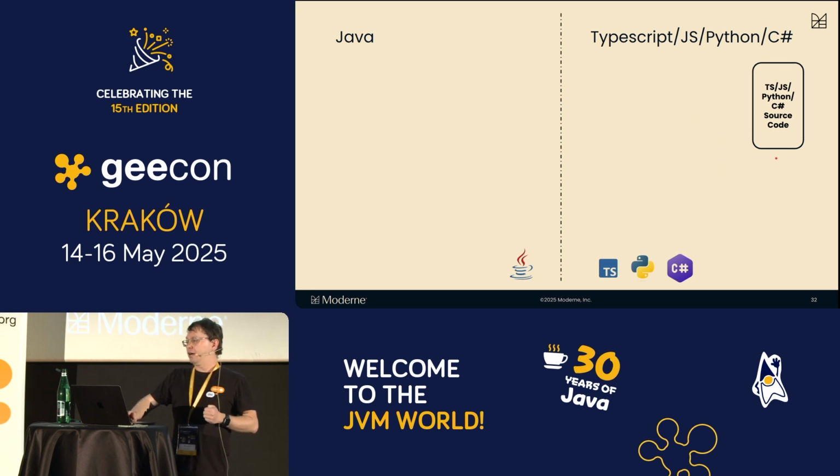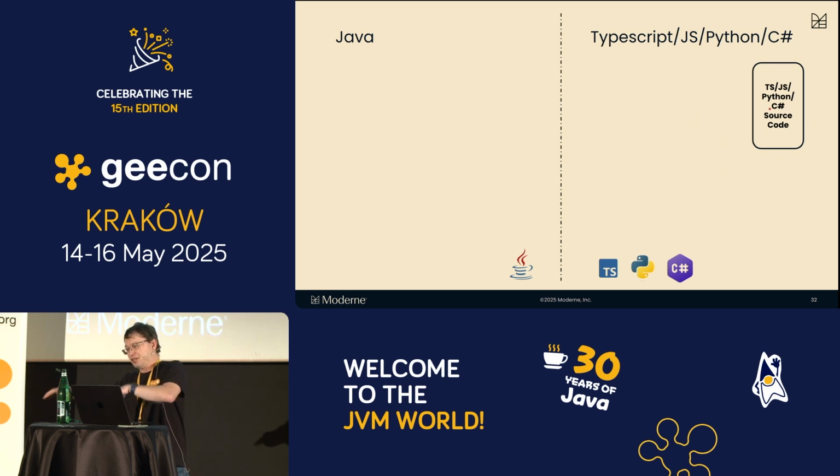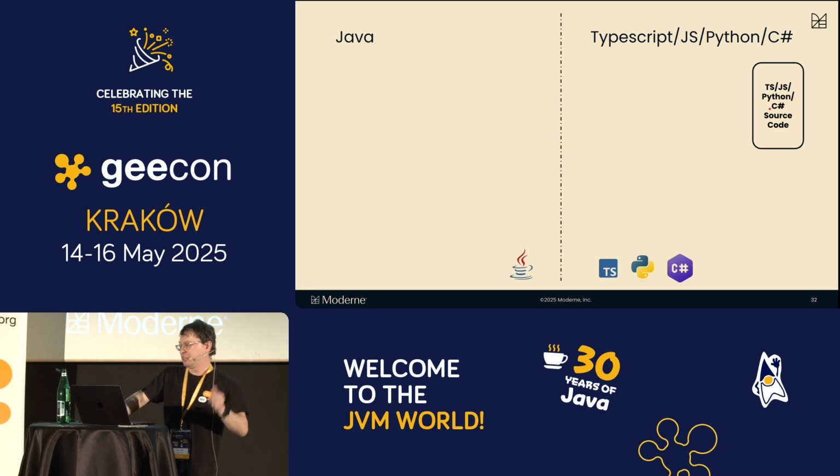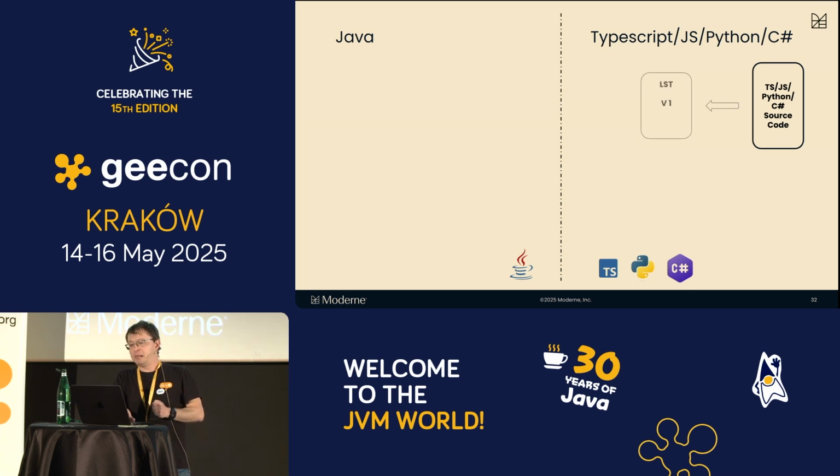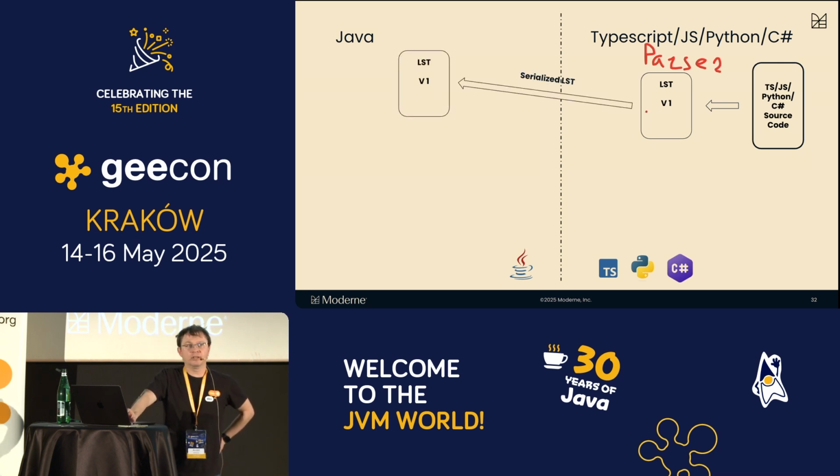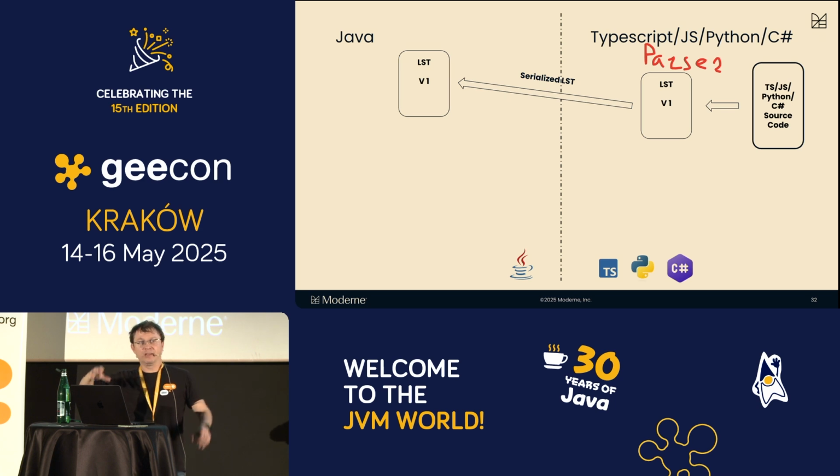For foreign languages, for example, TypeScript, JavaScript, Python, and so on, we are building the LST by using the compile parser from the native language parser. Then we serialize this LST tree and send it to Java. In the Java part, we deserialize this tree into a Java LST tree representation.